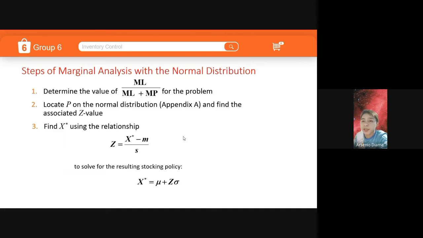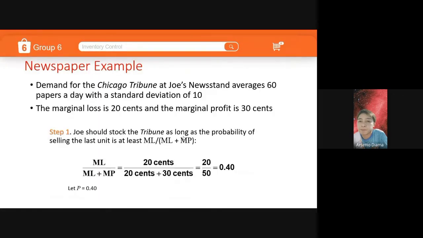Find X asterisk using the relationship Z is equal to X asterisk minus the average or mean sales for the product, over the standard deviation. To solve for the resulting stocking policy, the optimal stocking level is equal to the average or mean sales for the product plus the Z value times the standard deviation of sales. Let's try the steps in a newspaper example.